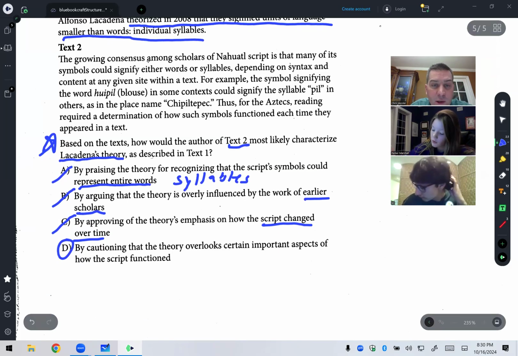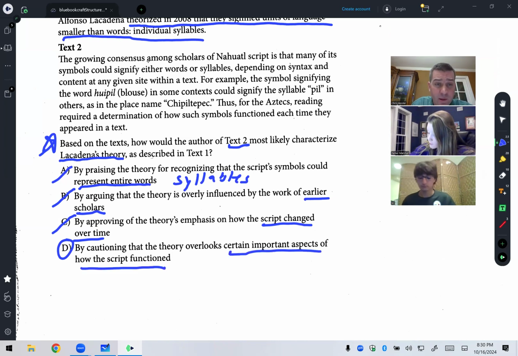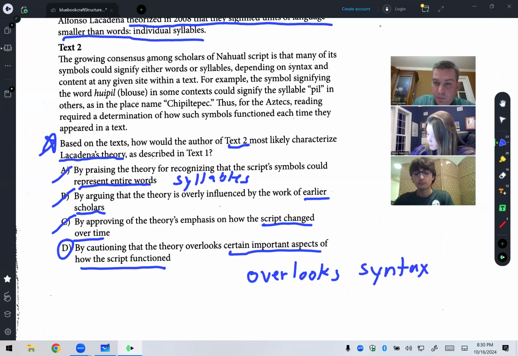By cautioning that the theory overlooks certain aspects of how the script functions. What two aspects does the theory overlook? It overlooks syntax and content. All right, add up how many you got right out of 10.